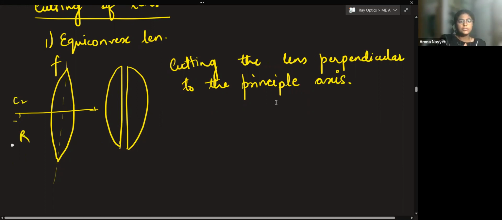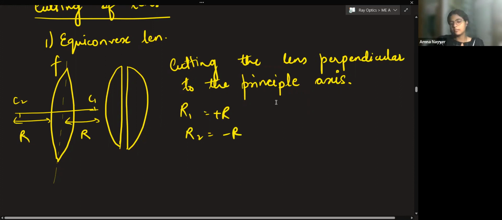So radius of curvature is there, over here. C1 and C2 are present. See, for the radius of curvature, the first one will be plus r, the other will be minus r. This is r2, this is r1. So r1 will be plus r and r2 will be minus r.